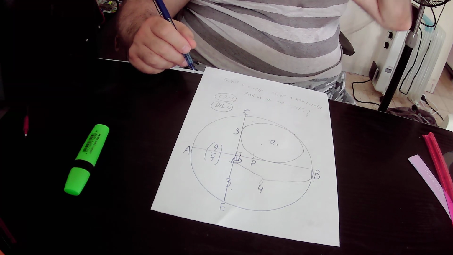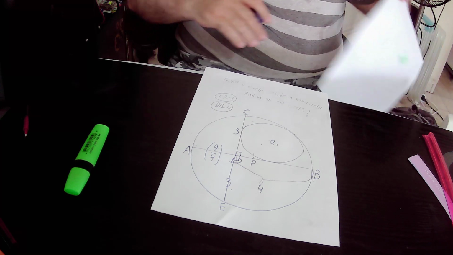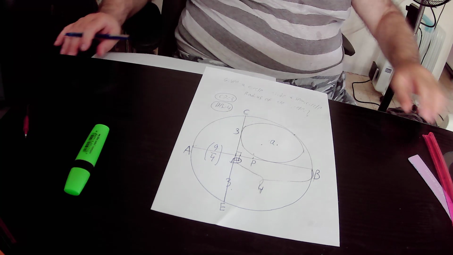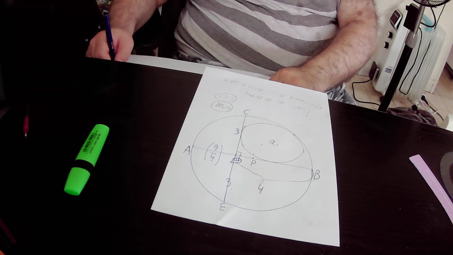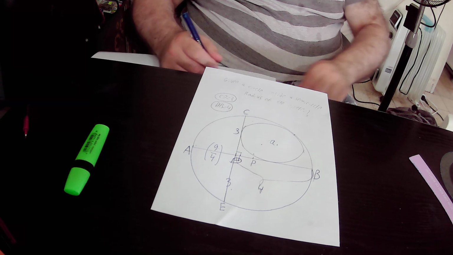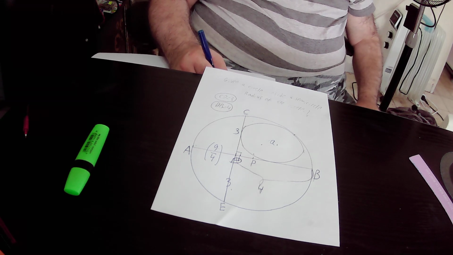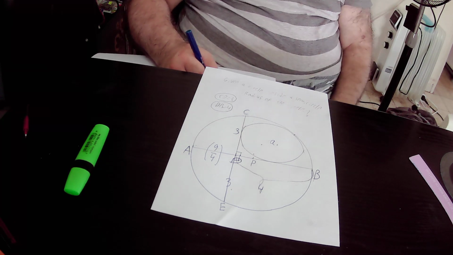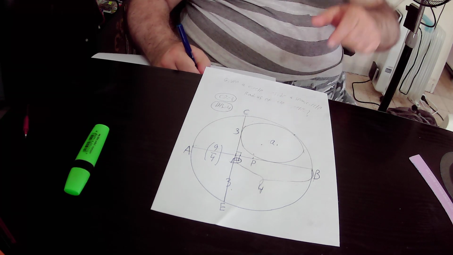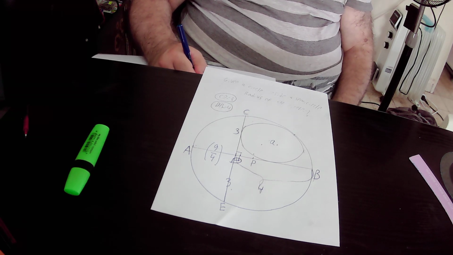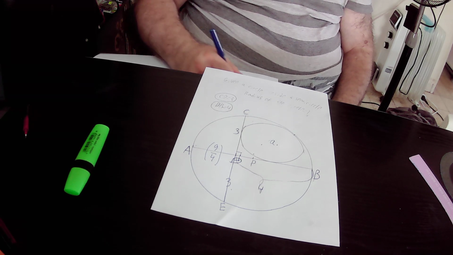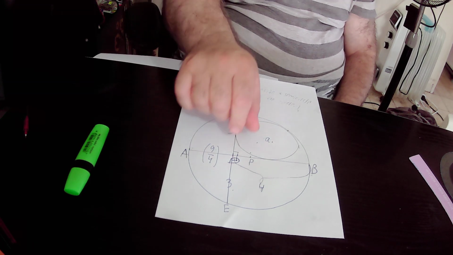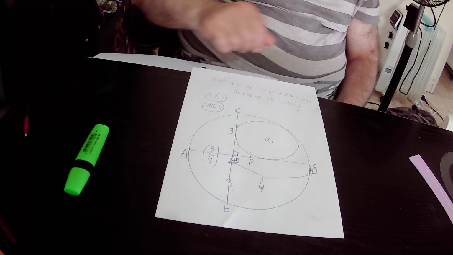The small line segment DP. So DP, from the drawing, it is very easy to see that DP equals to DB minus PB. I repeat again, DP equals to DB minus PB.